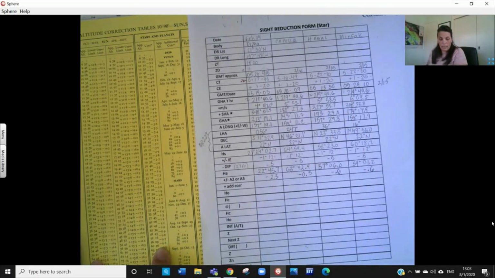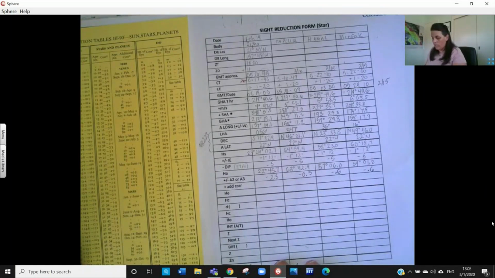So now I have my A2 corrections. I don't have an additional correction for Venus or Mars, so I don't have anything here. And now I can see what my HO is.